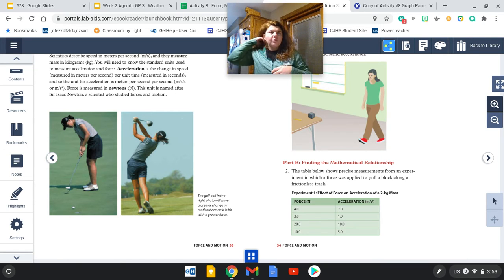Now I know we haven't used a frictionless track yet, but a frictionless track is kind of like an air hockey table, which has air being pushed up on it, and so items glide all across it. Since the air is pushing up on it, there's no friction from gravity just pulling it down, and so it glides along without friction.